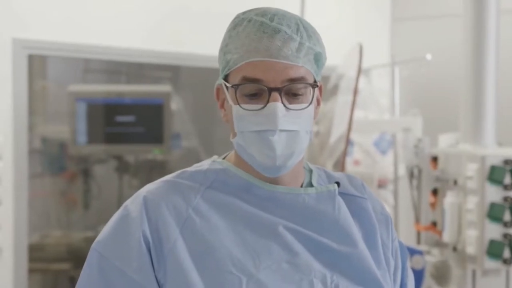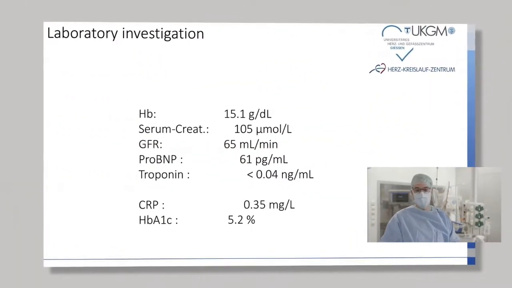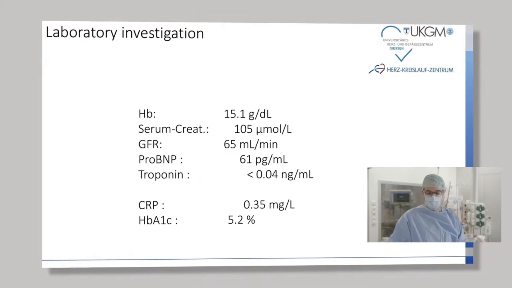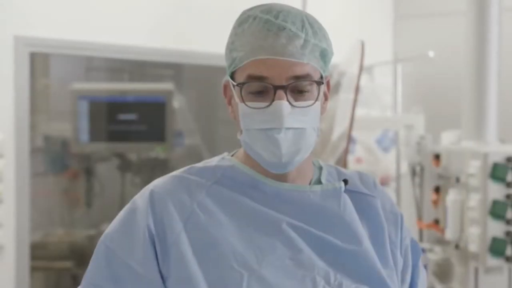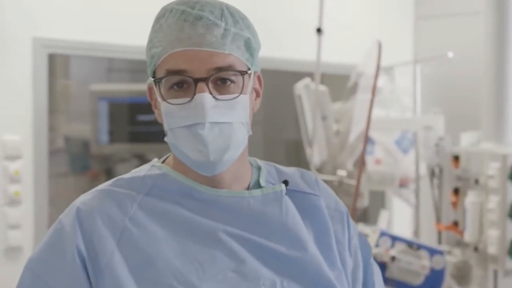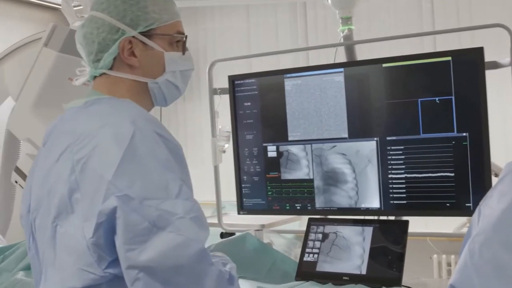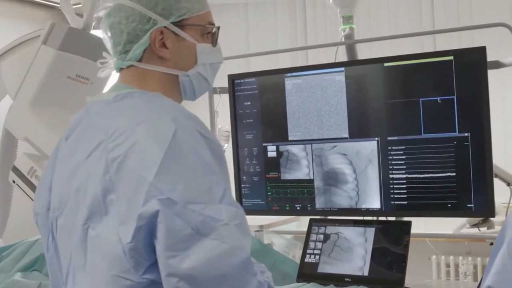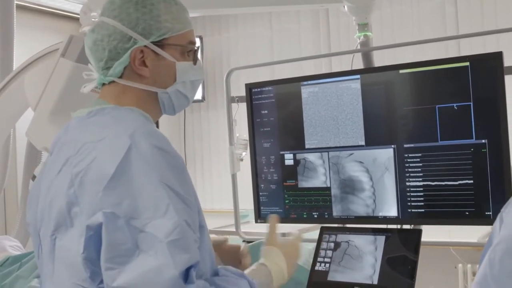Next slide. There's a quite normal laboratory investigation, nothing specific. And if you look now at the angio, you can see the intermediate stenosis of the RCA in the mid part, which we have to evaluate for any hemodynamic relevance.